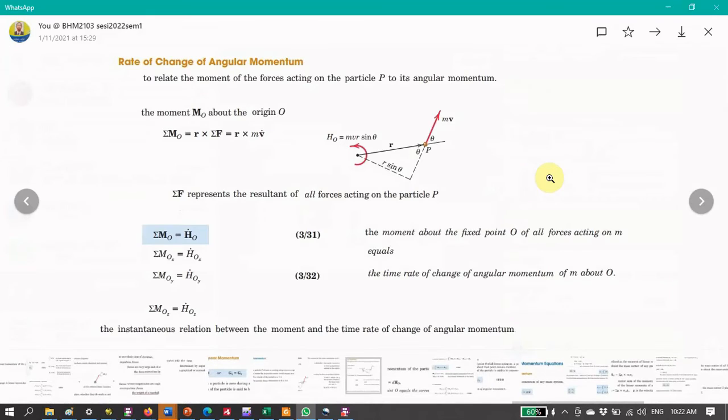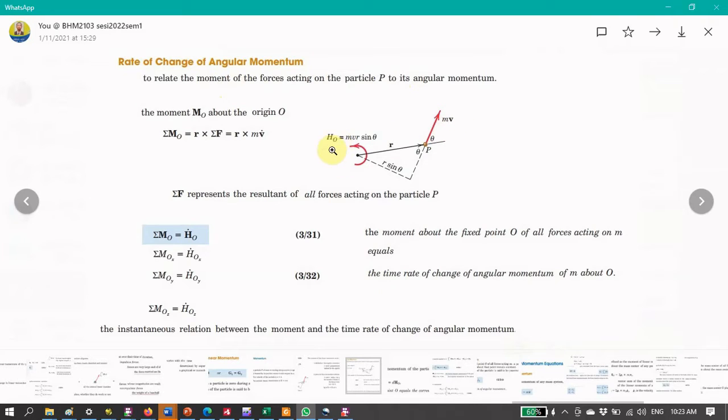Now we look at the angular impulse, right? In order for us to look at the impulse, we look at the rate of change of angular momentum. The reason why the author, Professor Meriam, introduced this topic is to relate the moment of force acting on the particle to its angular momentum.